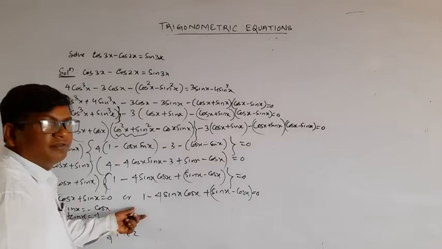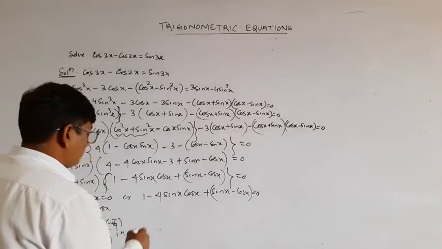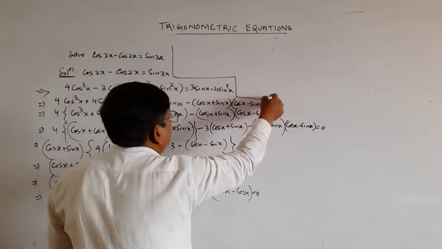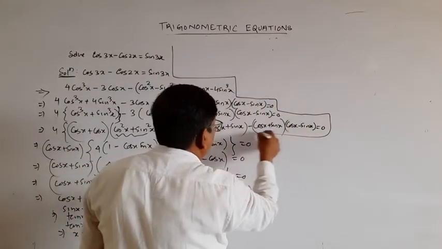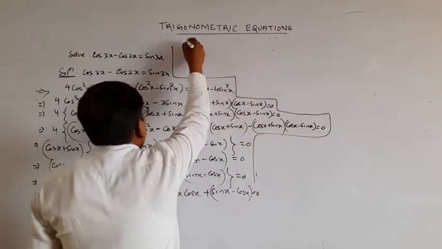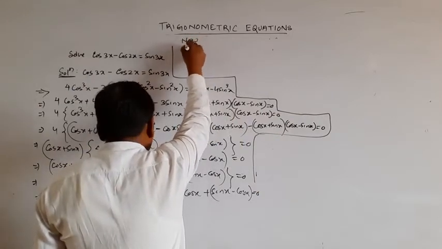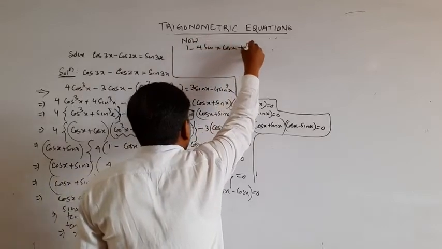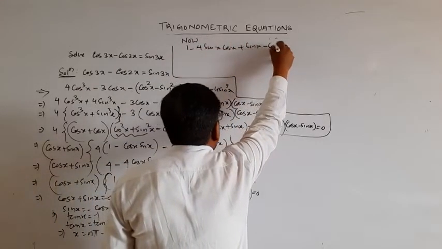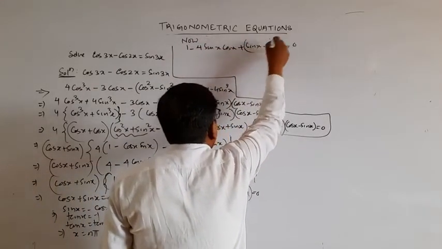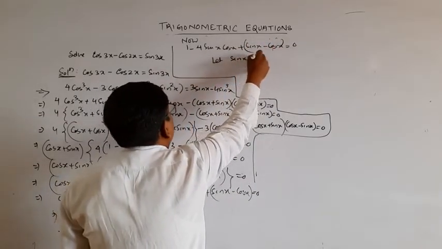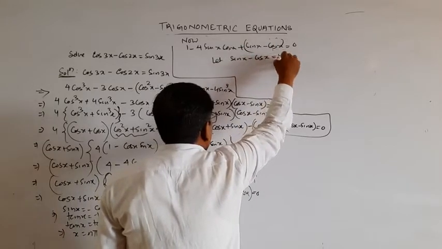Now for this, 1 minus 4 sin x into cos x plus sin x minus cos x is equal to 0. Let sin x minus cos x be equal to, suppose, y.